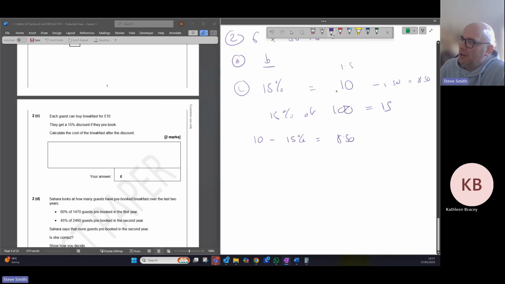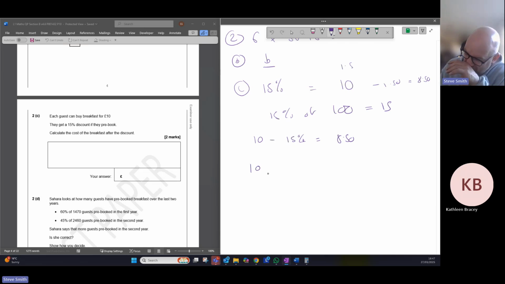If you didn't know that number bond and you didn't know how to work your calculator with a percentage, which, to be honest, some calculators don't even have a percentage button, let's think of it this way: 10% of 10 is 10 divided by 10, so that's 1.